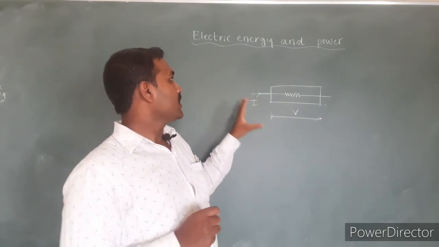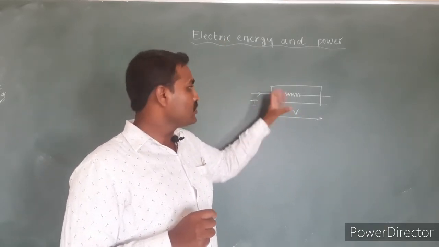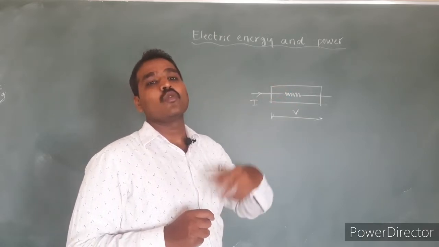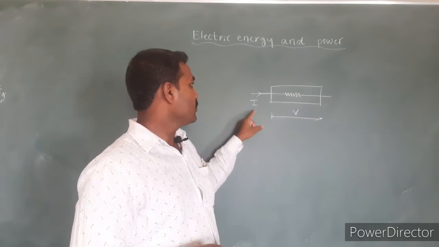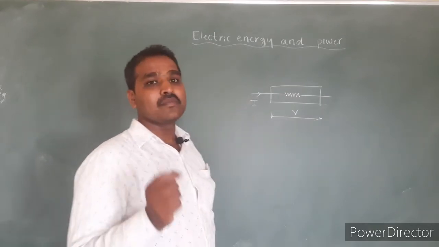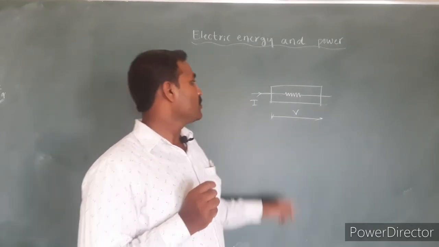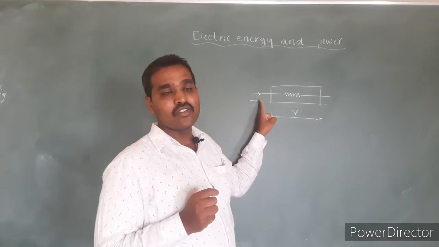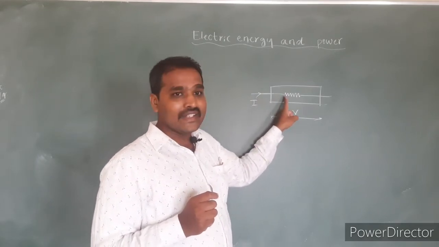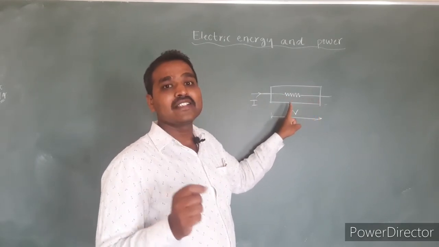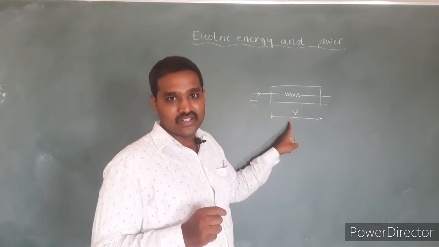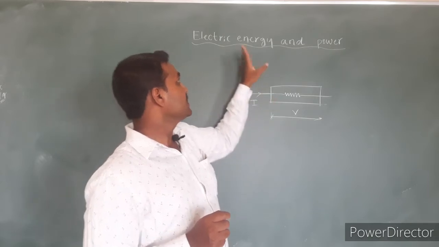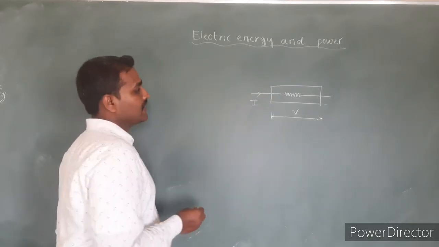Whatever electric energy is given to the device, an equal amount of work is done, though there will be some inevitable losses. So electric energy is simply the energy required to maintain the constant current I through any electric device to get the desired output by supplying a potential difference. That is the basic definition of electric energy.